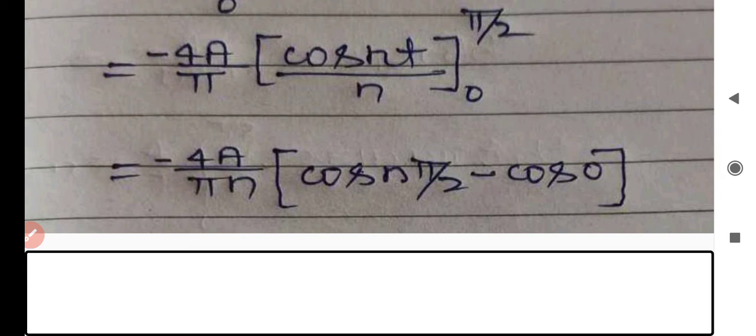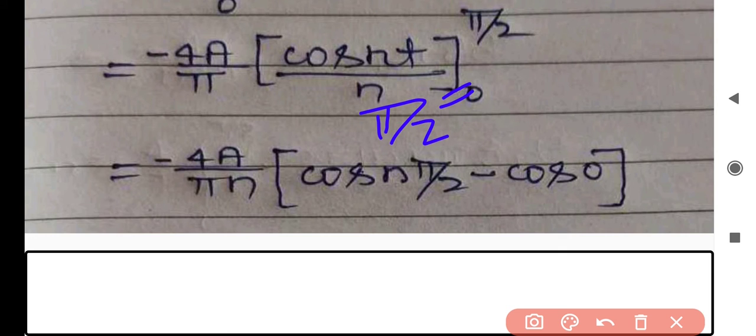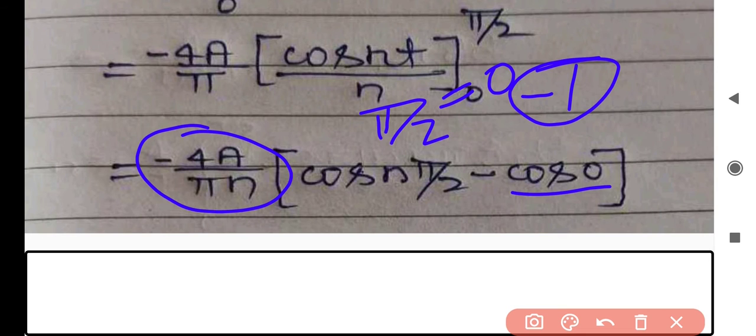For the even values of n, this will give value equal to 0, and for the odd values of n, like if n is equal to 1, this will become cos of pi by 2, and cos of pi by 2 is equal to 0, minus cos 0 means minus 1, so it will become minus 1 into minus, 4A upon n pi.